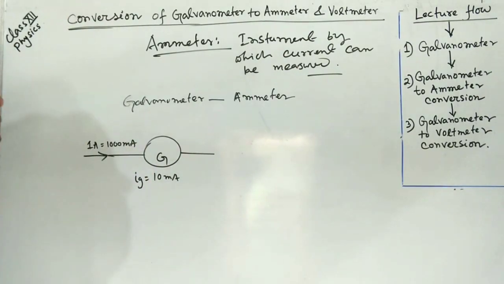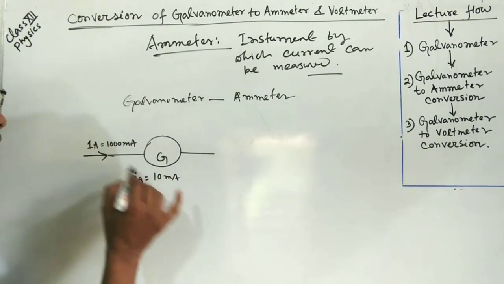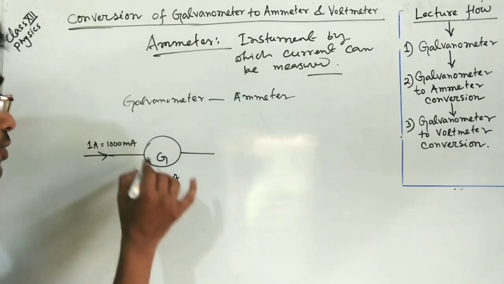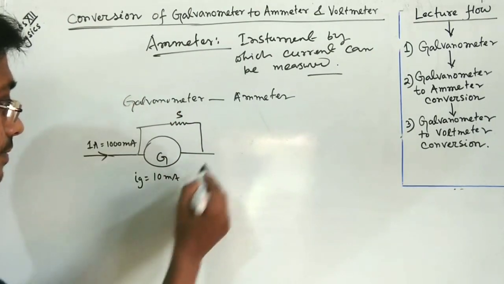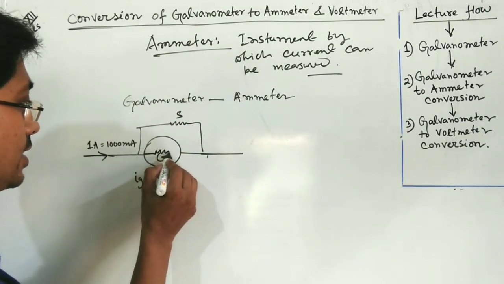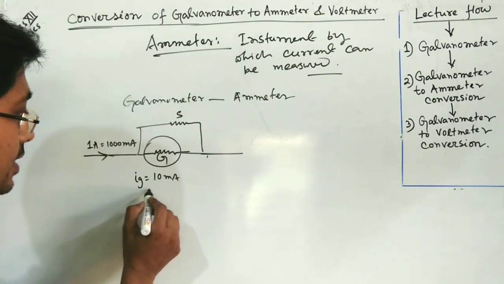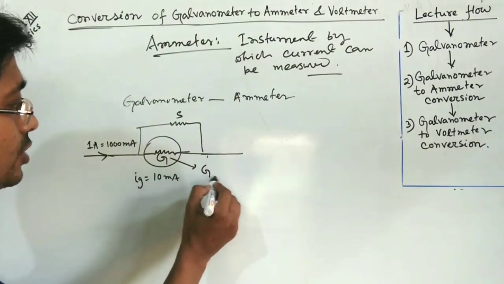If we measure the 1 ampere current with this galvanometer, I have told you one shunt you have to use in parallel with this. It has some resistance itself, so the galvanometer resistance is G.